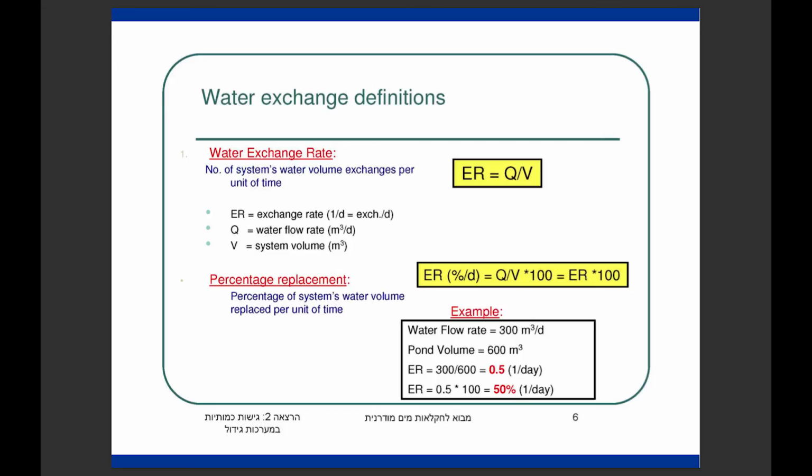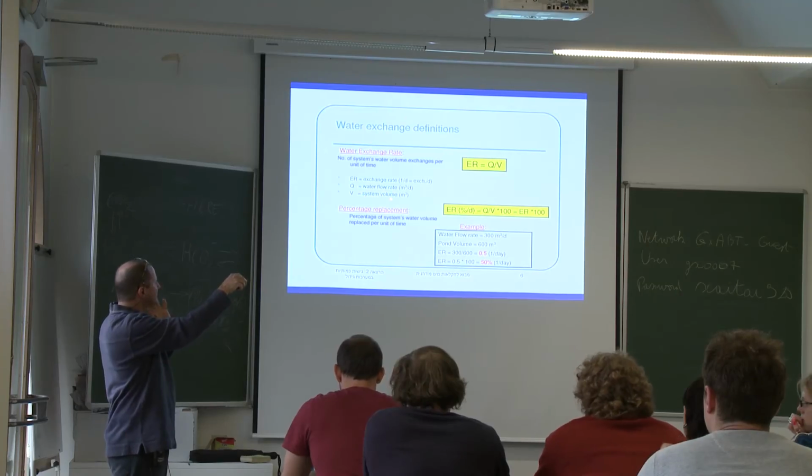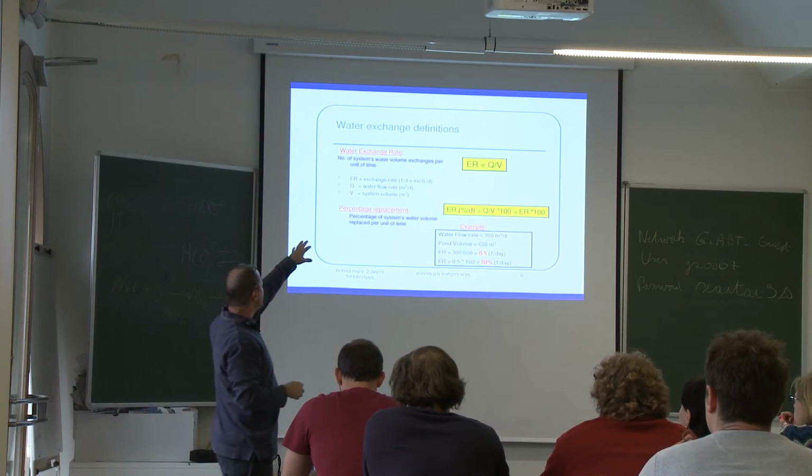I don't know what your background is, but I decided to put a few of these slides in just to have a baseline. So when we're talking about water exchange rate, it's the water flow into the system in terms of volume per unit time, and obviously the system volume is important.